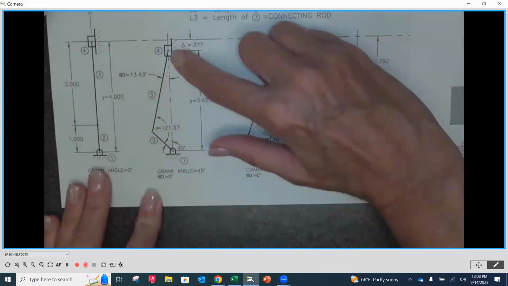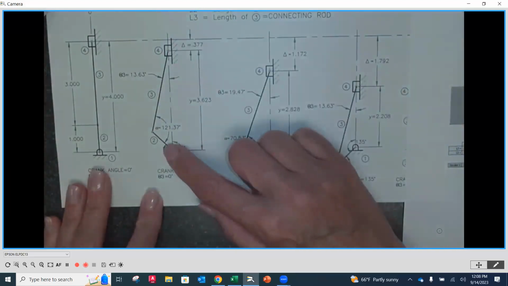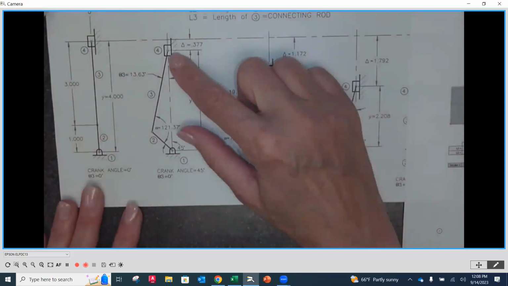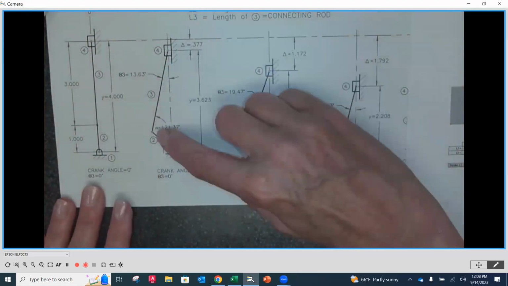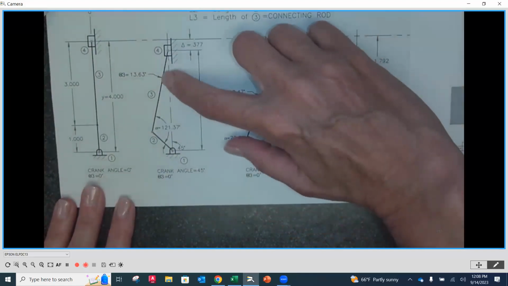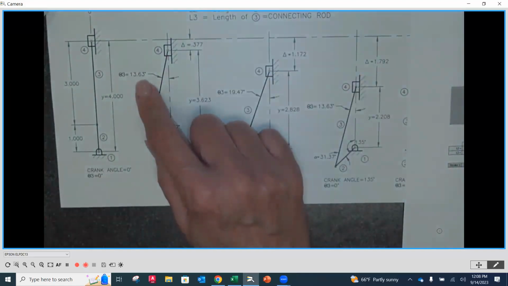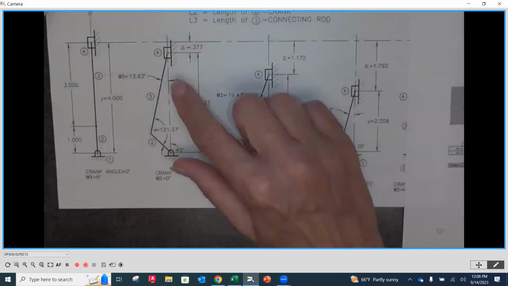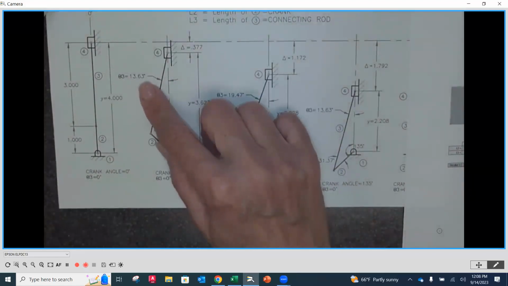So from where it was vertically, I now rotated it counterclockwise 45 degrees, and then I redrew where the new position of my slider would be. You'll notice that it pulled down a little bit. The angle that the original line makes with the connecting rod is now that theta 3. Now we actually have an angle here, and when I rotate my crank 45 degrees, that angle is going to be 13.63.